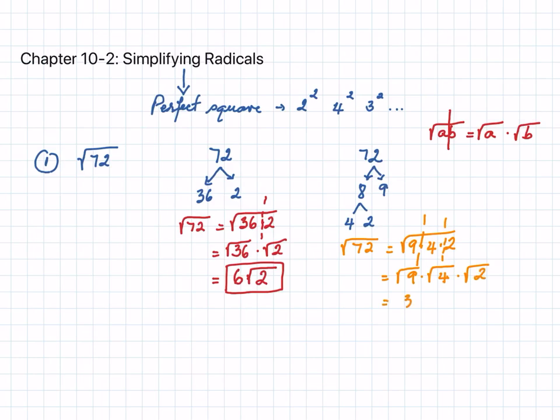Square root of 9 is 3, multiplying square root of 4 is 2, multiplying radical 2. Then I can simplify this together. That's going to give me 6 times radical 2, exactly the same answer.